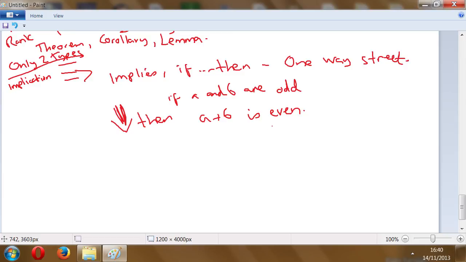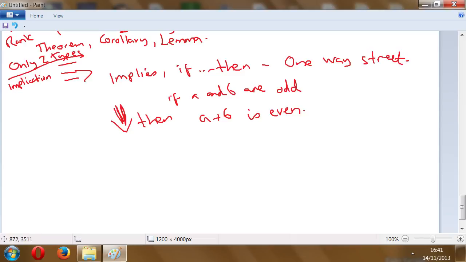We could also say if A was odd and B was even, then the addition would be odd. But let's stick with this one. So this is a one-way street.